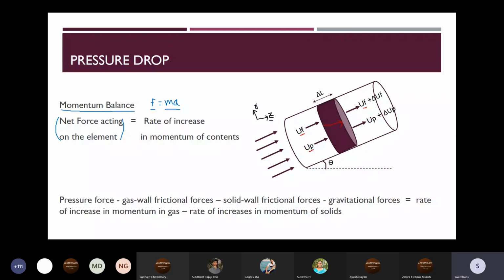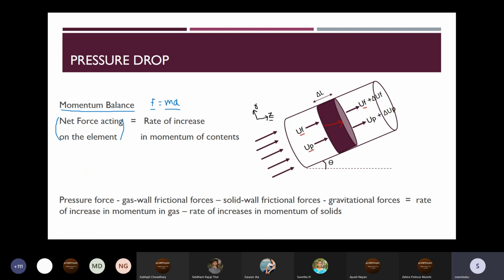So the fluid velocity before entering the small element is Uf, and after leaving it is Uf plus delta Uf. Similarly, the particle velocity is Up, and after coming out of the element it will be Up plus delta Up.